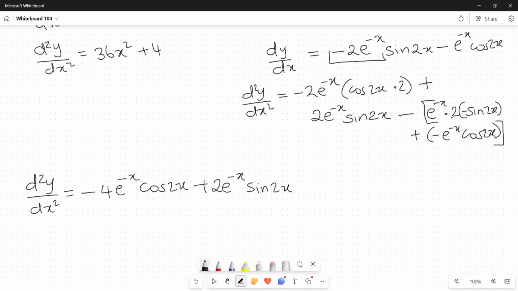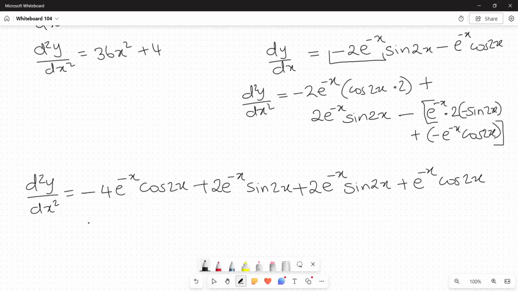And then here, negative and negative will give us positive 2 e to the power of minus x sine 2x. And then again here, negative and negative will give us positive e to the power of minus x cos 2x.